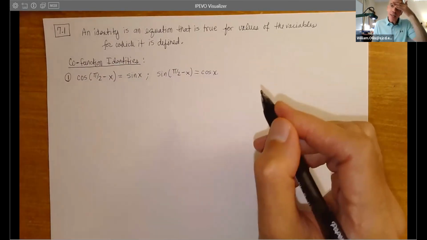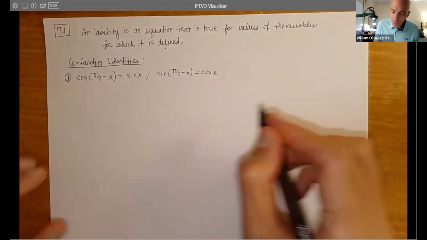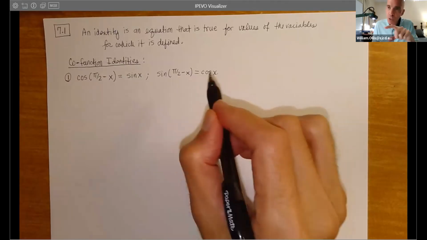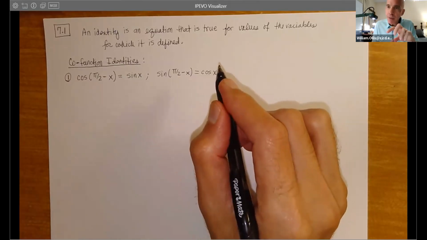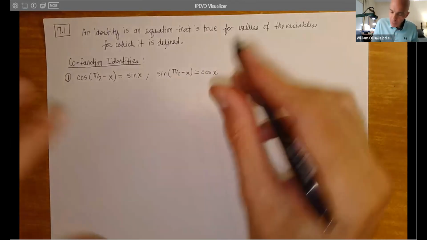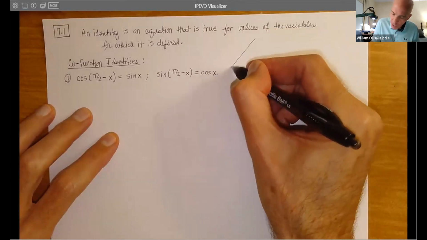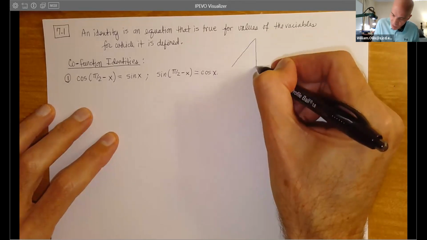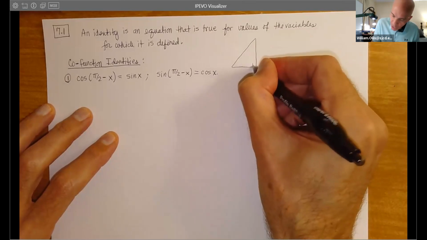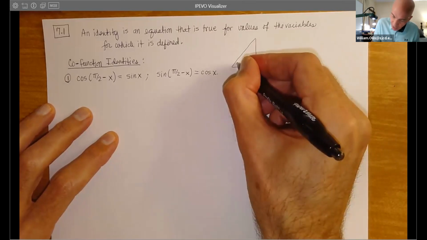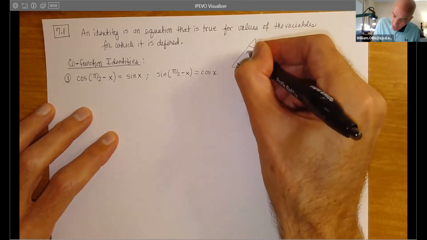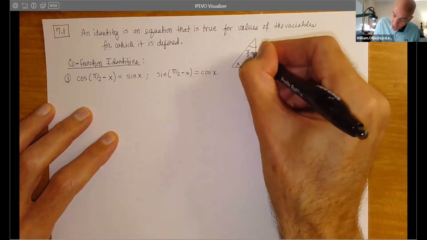Now, what I'm trying to say here is that when you think of the right triangles and you flip to the other acute angle, then the sines and the cosines flip. So for instance, if you look at a very simple triangle here, and we say we've got our right triangle here, and we have x here, and then we have pi over 2 minus x, just using radian measure.